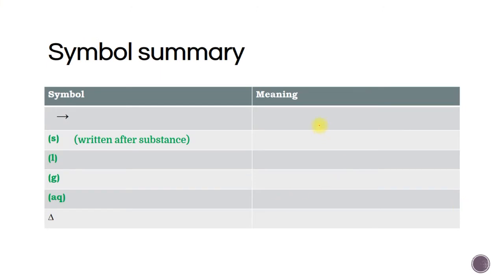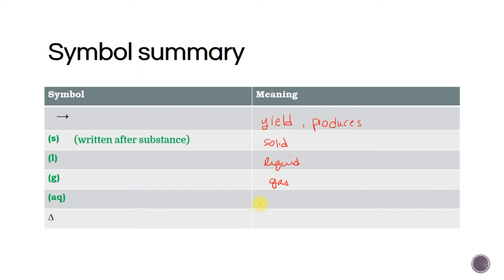Okay, so some definitions here. The arrow we have called yield or produces. Okay, those are the vocab words we use with it. S in parentheses after a chemical means a solid. L means liquid. G means gas.